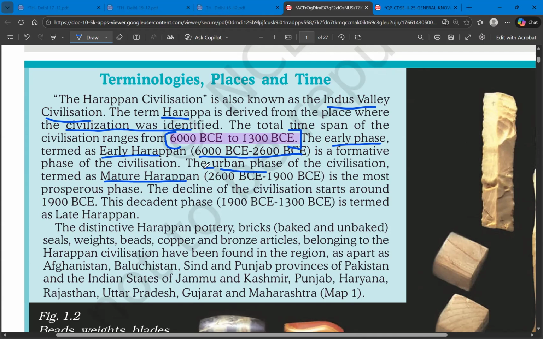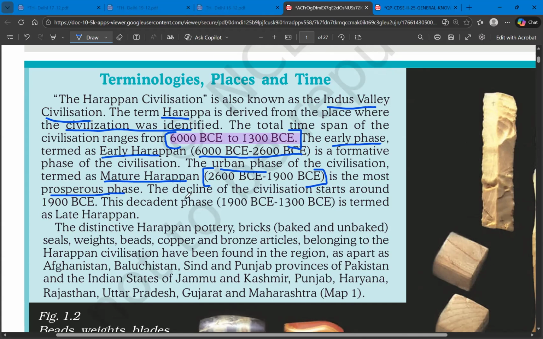The time period is 2600 BCE to 1900 BCE. It is the most prosperous phase. So the first one, early Harappan, was from 6000 BCE to 2600 BCE, called the formative phase. And the next phase was the urban phase, from 2600 BCE to 1900 BCE, the most prosperous phase.